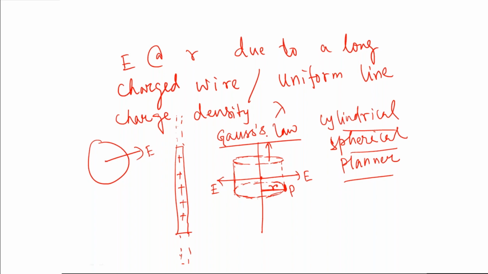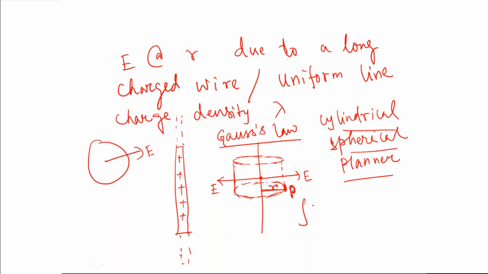So I'll be calculating the electric field using Gauss's law. Gauss's law says that the integral of E dot ds, where E is the electric field and ds is the area vector, is equal to the charge enclosed divided by epsilon naught.